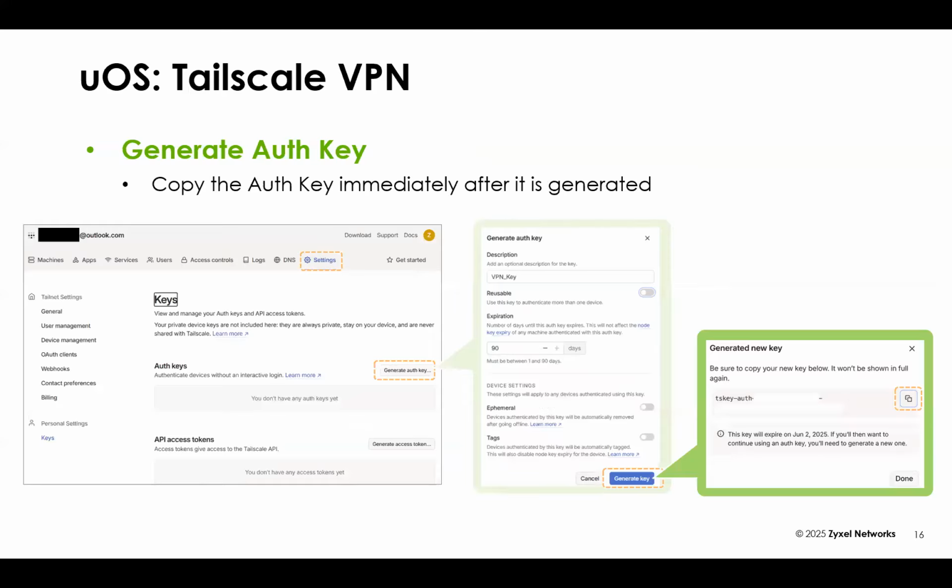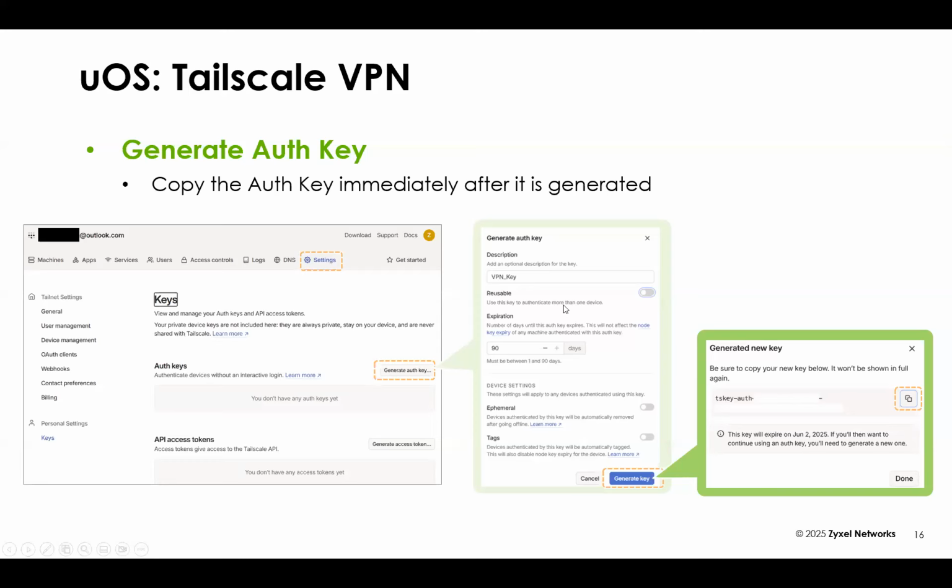After you've done that, we need to generate a specific key. Once you've logged into your Tailscale admin dashboard, you go to the settings option next to DNS, and generate an authentication key. You can give it a specific name.